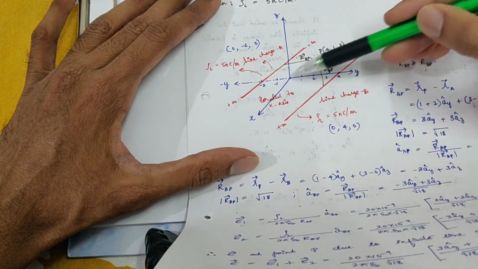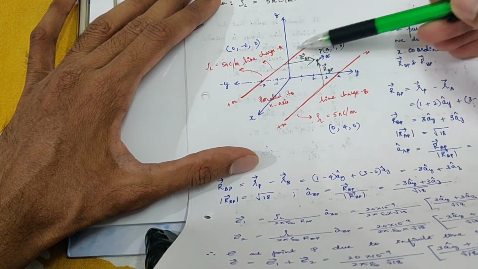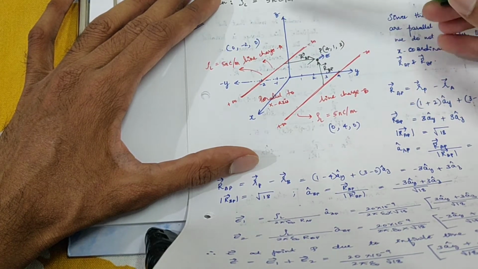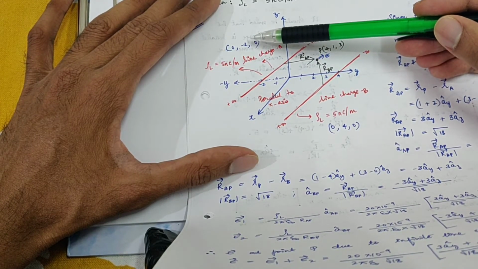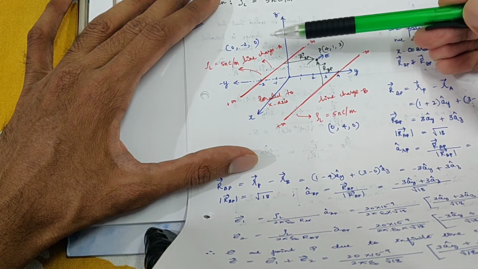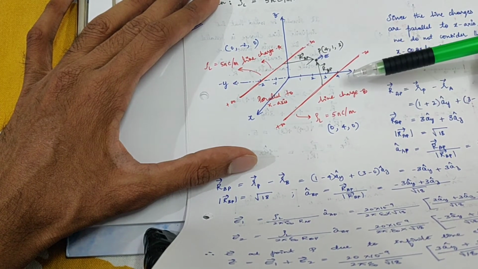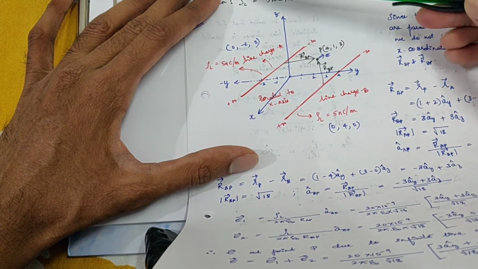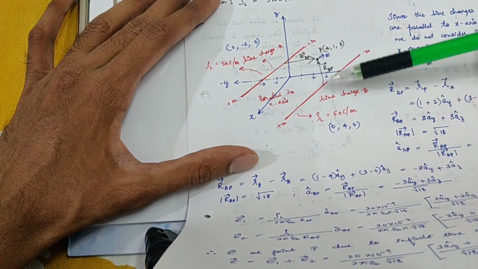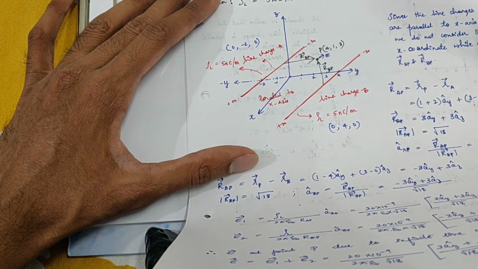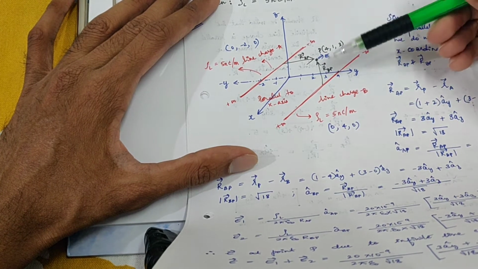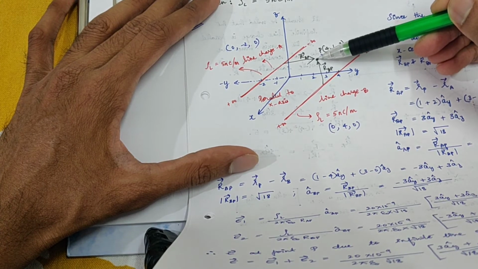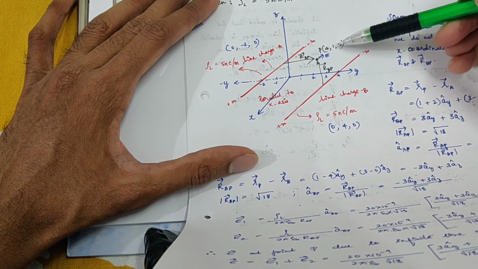You can see that we have the x, y and z axes, and these are the two infinite line charges located at the given coordinates. It is z equal to 0 and y equal to -2, and here I have line charge B with z equal to 0 and y equal to 4. This is line charge A and this is line charge B, both of which are uniform infinite line charges.